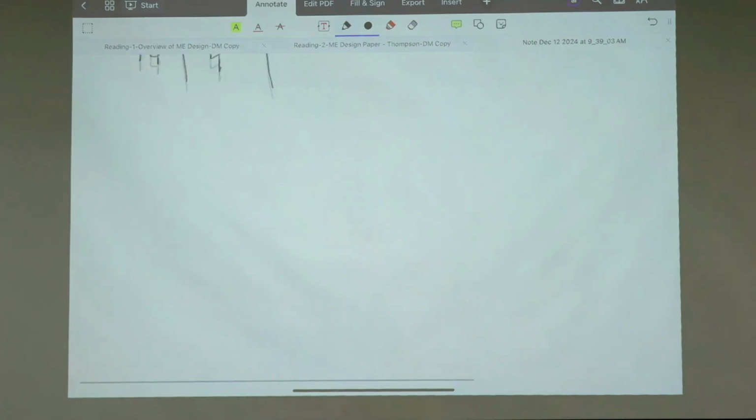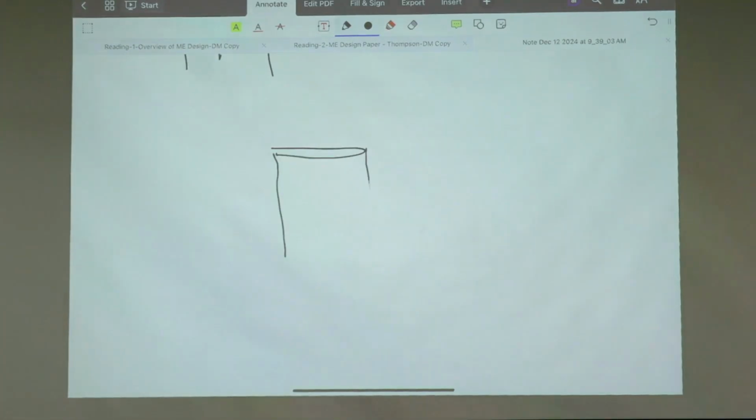So this is the University of Illinois FAST cell, and what I said is there is independent control over the vertical and horizontal.